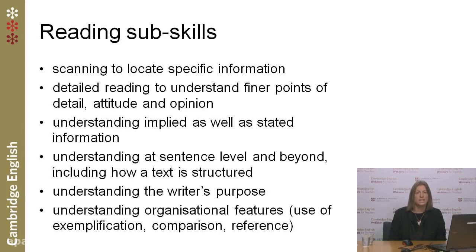They include scanning to locate specific information, detailed reading to understand finer points of detail, attitude and opinion, understanding implied as well as stated information, understanding at sentence level and beyond, including how a text is structured, understanding the writer's purpose, and understanding organisational features such as use of exemplification, comparison and reference.